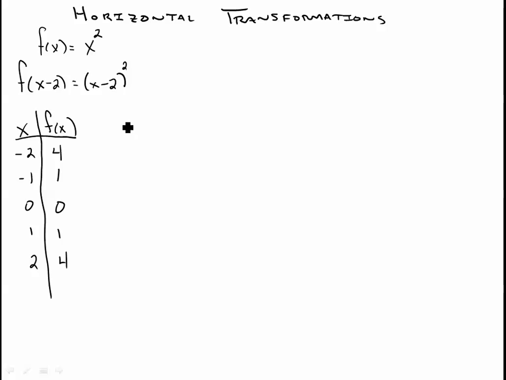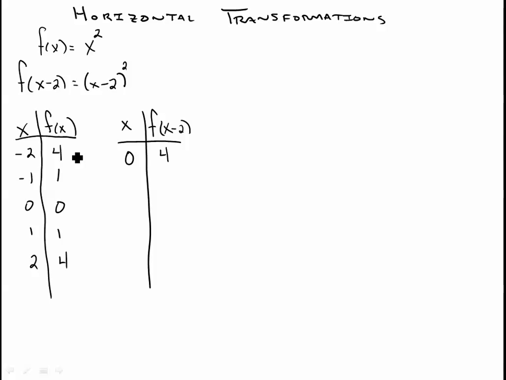And if we were to look at the function, the input is being decreased by 2, or f of x minus 2. If we use the value of x being 0, 0 minus 2 is negative 2, negative 2 squared is 4.